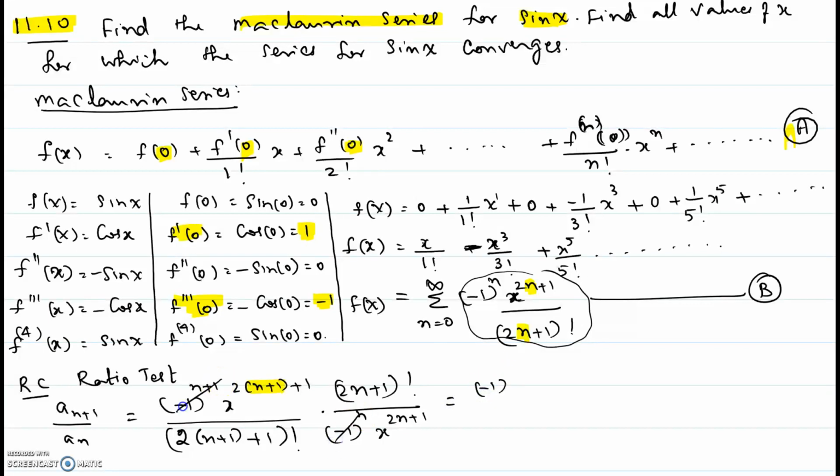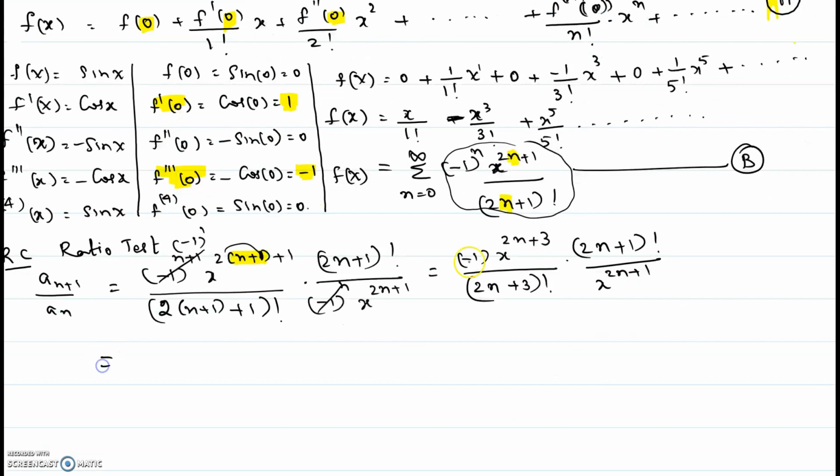So we get negative 1 to the power 1, then x to the power 2n plus 3, divided by 2n plus 3 factorial, with 2n plus 1 factorial on top and x to the power 2n plus 1 in the denominator. We'll simplify further, keeping in mind that we take the absolute value eventually, so the absolute value of negative 1 becomes positive 1.